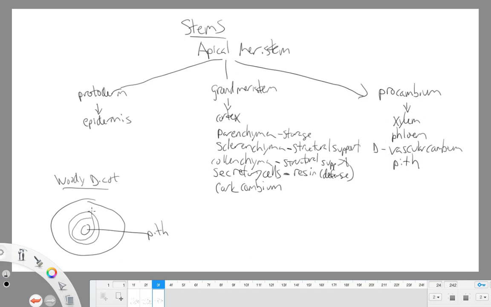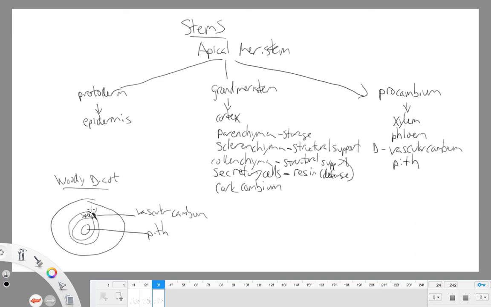And we'll say right here at the edge of this ring is our vascular cambium. Initially, there would have just been primary xylem here and primary phloem up here. But as this tree is growing and thickening, this vascular cambium is producing new xylem or secondary xylem.